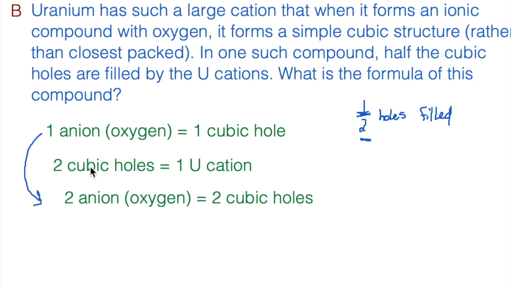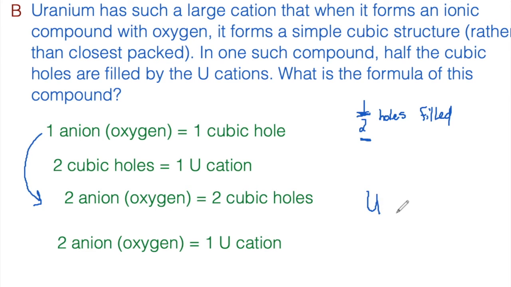So now we have A equals B and C equals A, so we can equate B and C. And so we have that for every 2 anions, there's 1 uranium cation. And so that would make the formula, since we list the cation first, UO2. So we have 1 uranium for every 2 of the oxygen anion. So it's a 1-to-2 ratio. So the formula would be UO2.